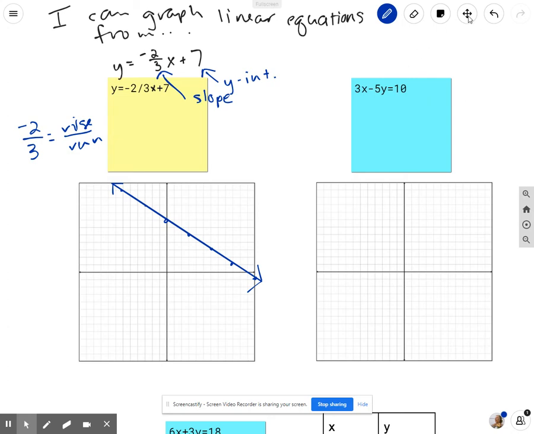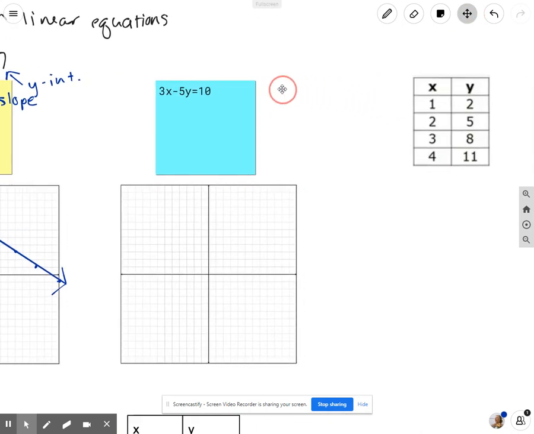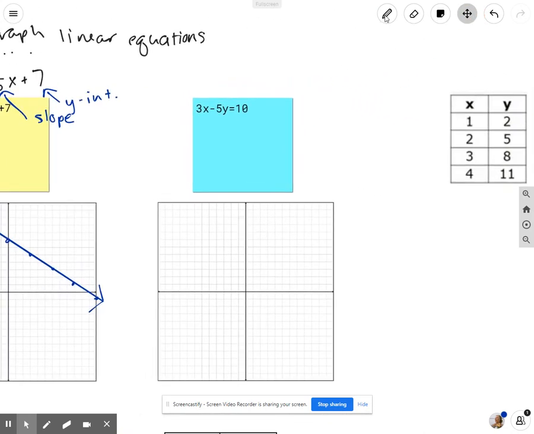Now we're talking about finding x and y-intercepts. The x-intercept is where your graph crosses the x-axis, the horizontal line here.